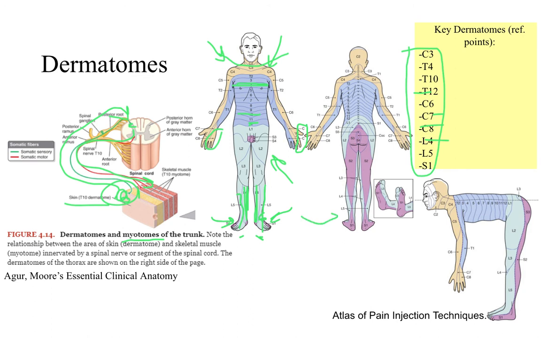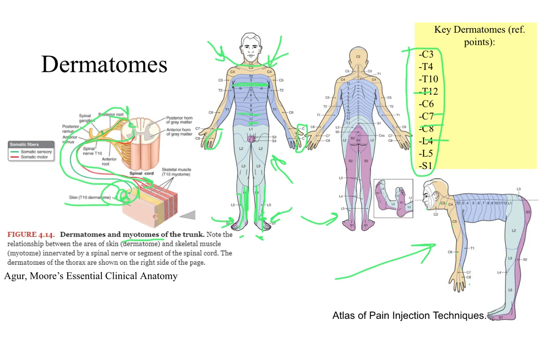And you can see those maps on the back as well. And if you look at this, it's kind of confusing, like, why is it organized this way? It makes more sense if you look at this guy who is in a bent position. It goes in order: C2, C3, C4, C5, C6, C7, C8, T1, and so on.